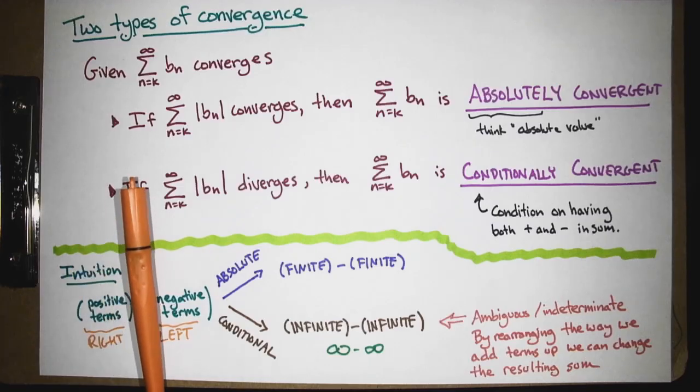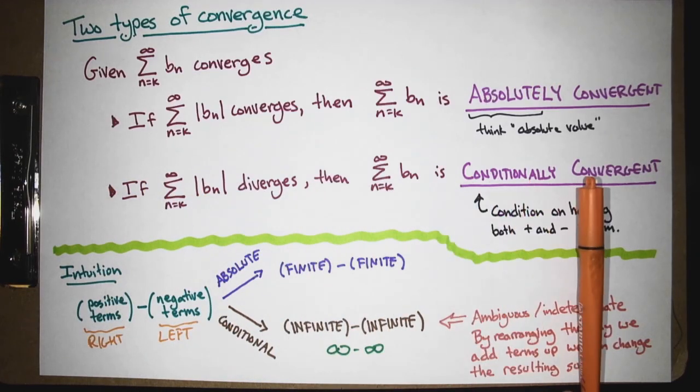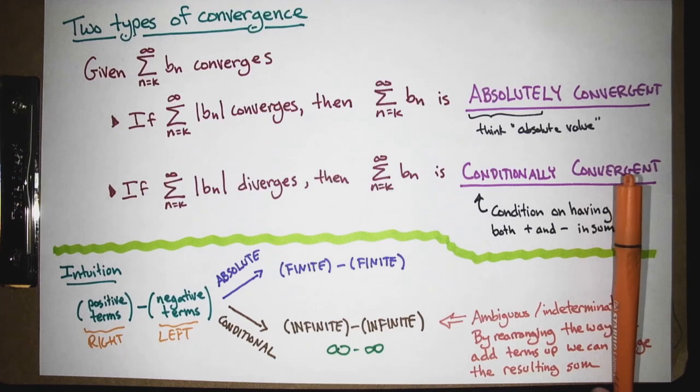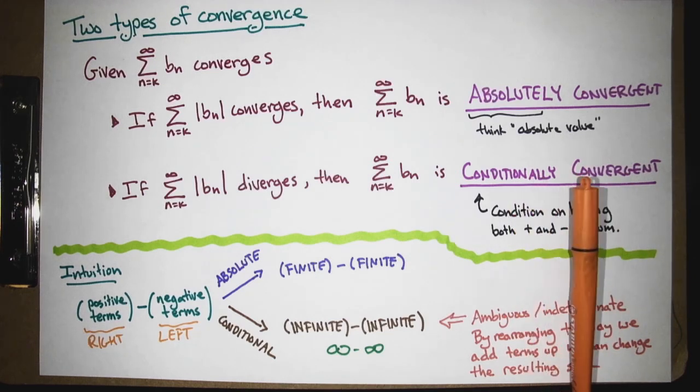Because I can say, look, I start moving to the right until I get to the number I want. I'll go a little bit past it. Then I'll move to the left until I go past. Then I just keep going back and forth. So conditionally convergent series are weird. We always prefer absolutely convergent series. But the good news is we will almost always be in that part where it's absolutely convergent.